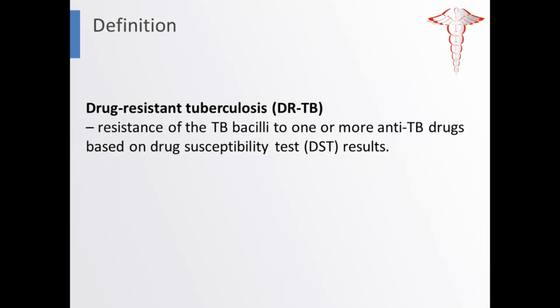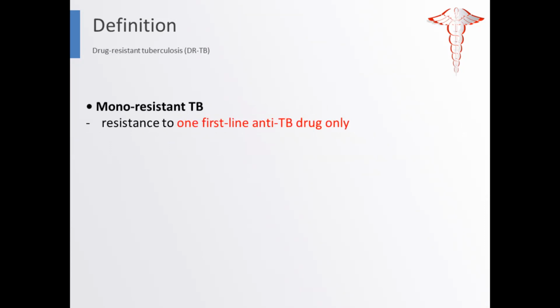But it has subtypes. Mono-resistant TB means resistant to one first-line anti-TB drug. For example, resistant to rifampicin, it is categorized as mono-resistant TB.